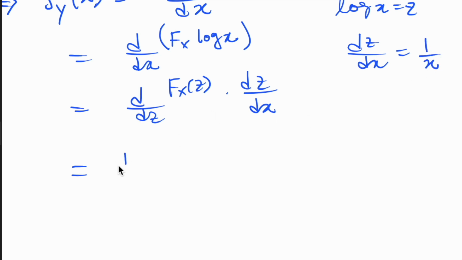So this is 1 over x times 1 by root 2 pi e to the power minus z square by 2.